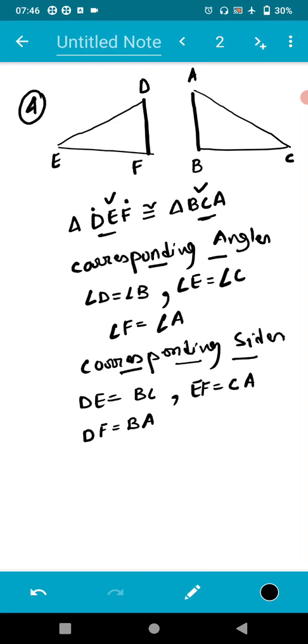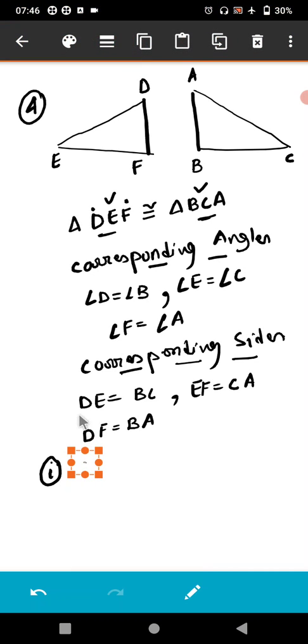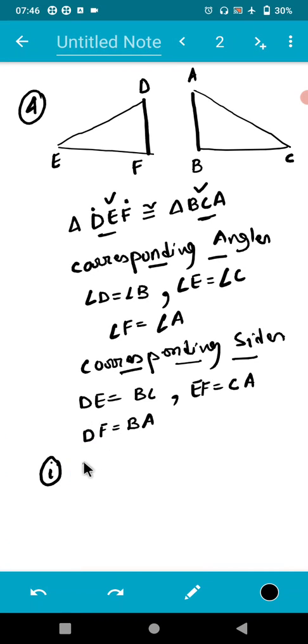Okay. So now we'll answer all the questions of question number 4. Now in the question they have said, if these 2 triangles are congruent to each other, what is the corresponding angle to angle E? So angle E would be equal to what? See, angle C. You can easily answer this now.